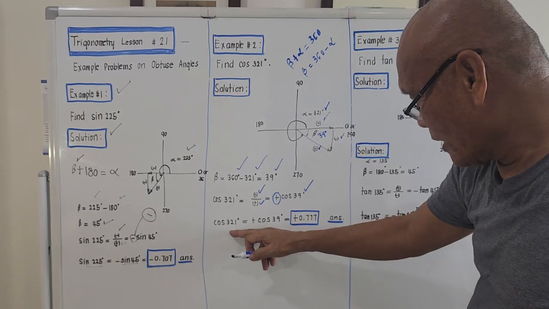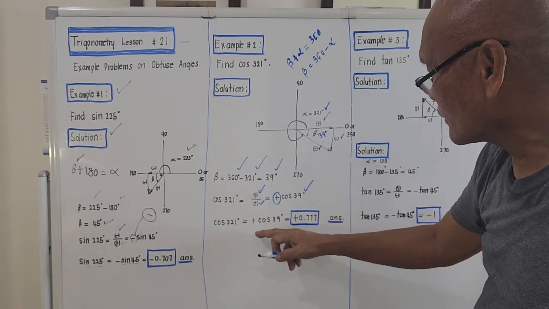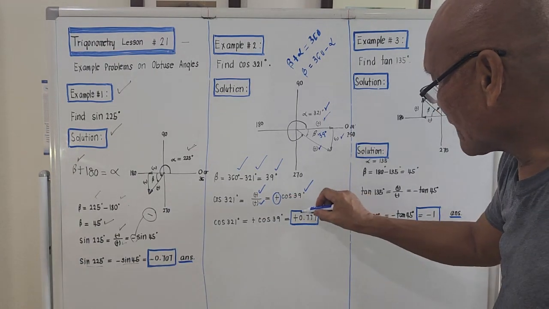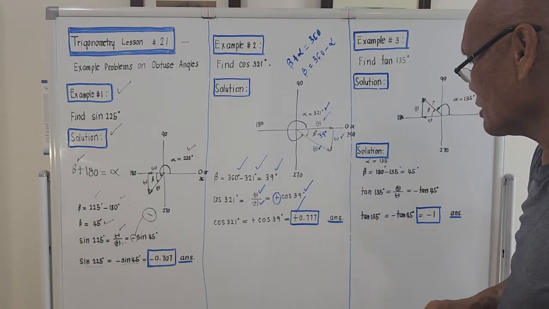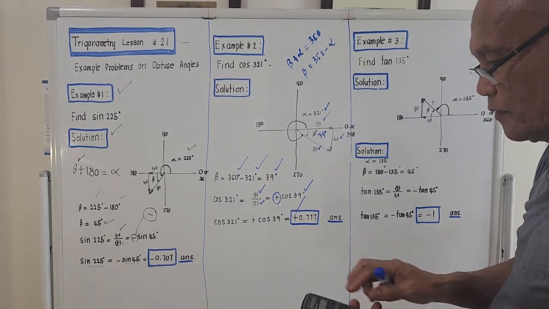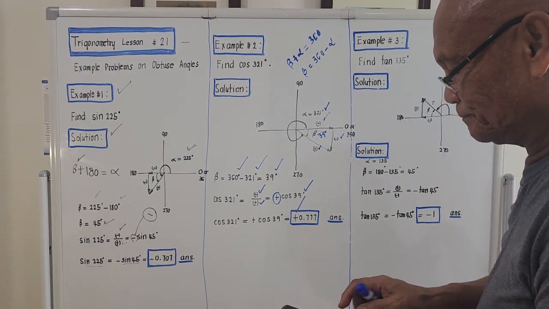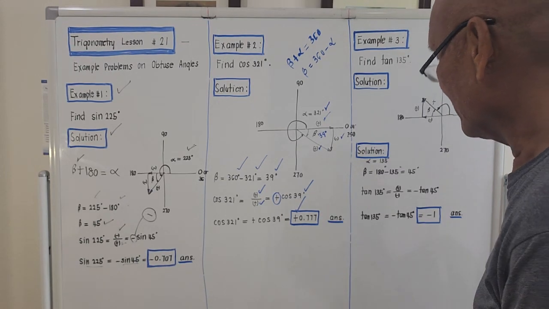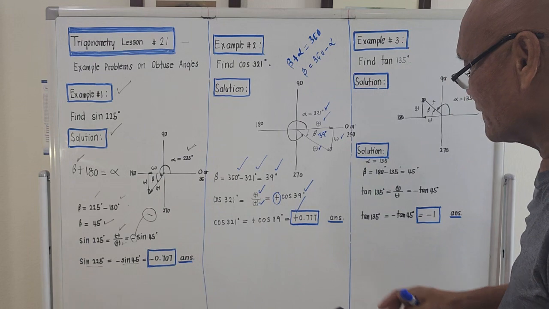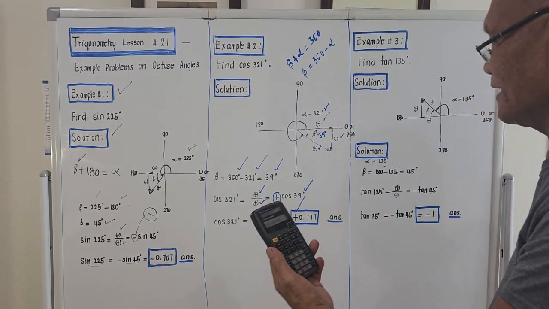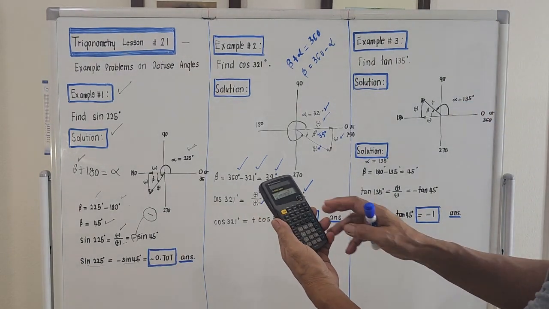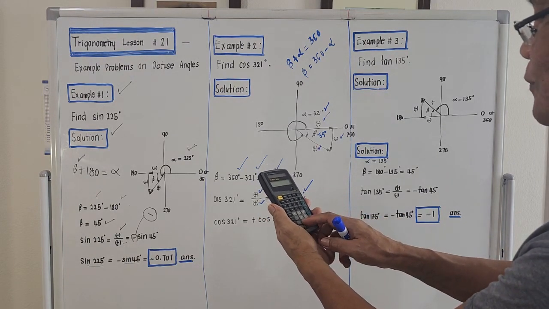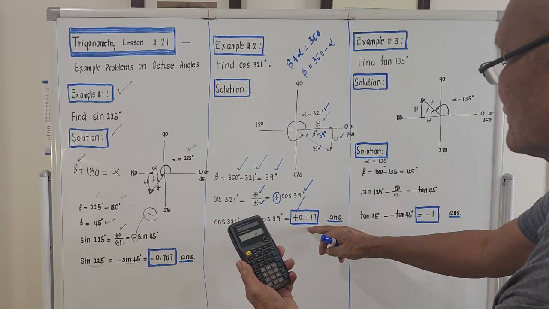I place it there: cosine of 321 degrees will be equal to plus cosine of 39 degrees. The proper sign should be plus, and cosine of 39 degrees is 0.77.